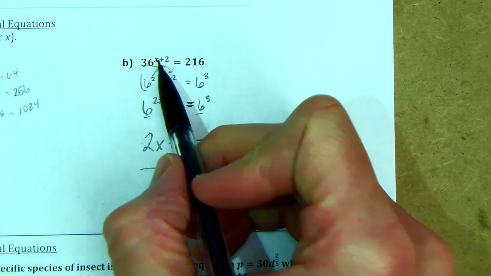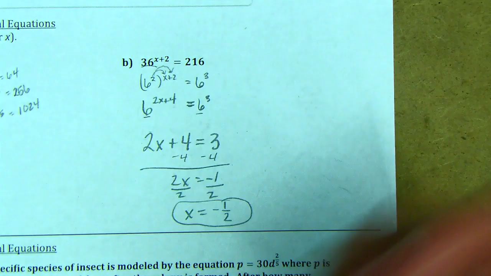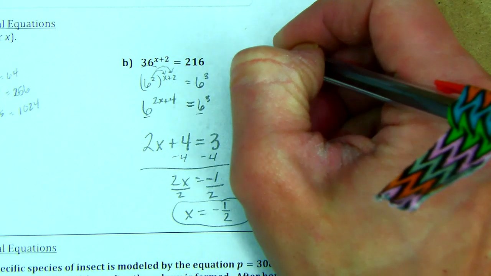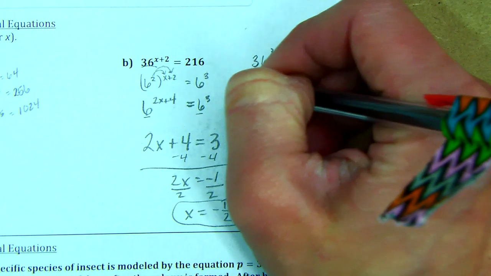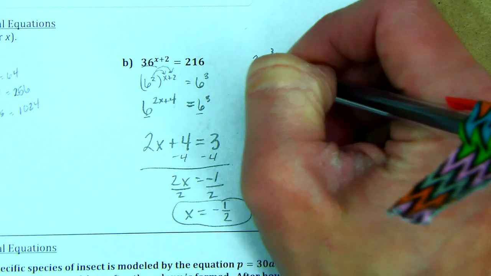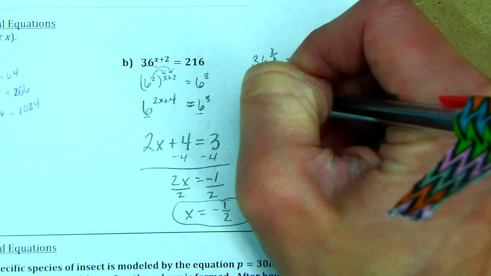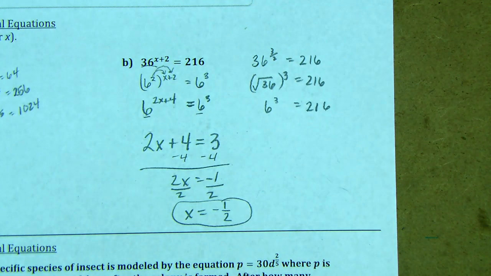If I put that in there, that'd be -1/2, so that'd be 3/2, and so on and so forth. And I could do 36 to the 3/2 equals 216, which would mean I'd take the square root of 36, and then I'd cube it, and that'd be 6 cubed, which is 216. We are correct. Okay?